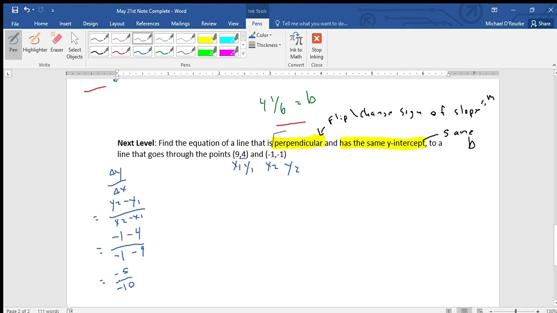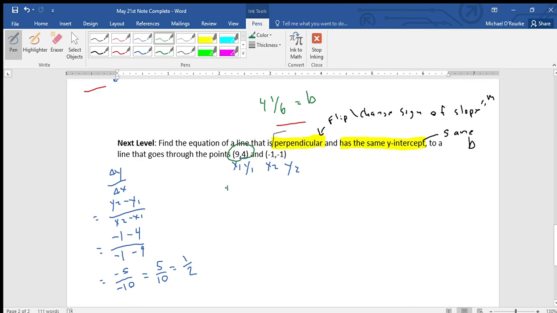Now a negative and a negative make a positive, so it's going to be 5 over 10. If we reduce that, it's 1 over 2. Good. So let's go to our next step here. What point should we use here? I guess we'll use 9, 4.